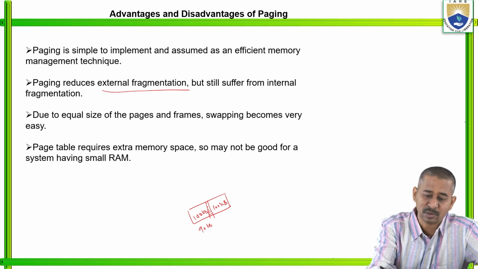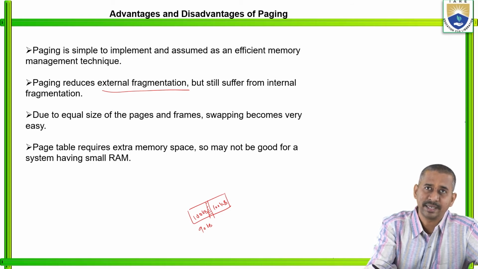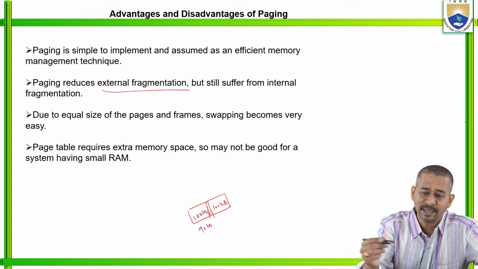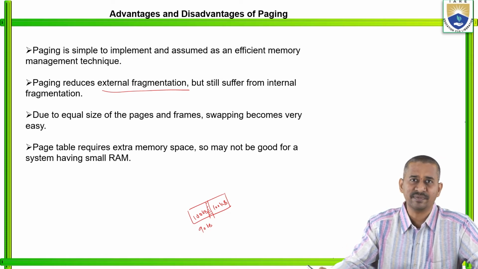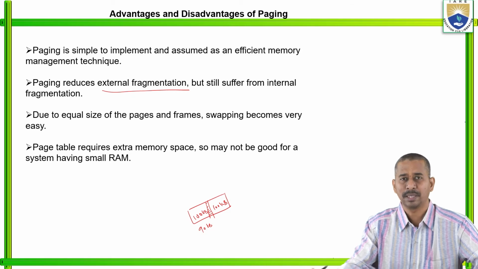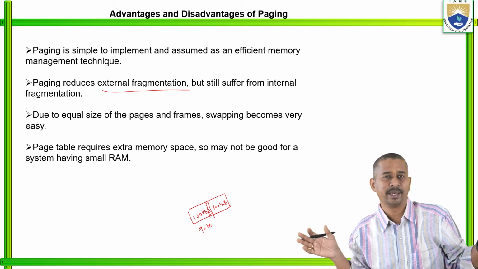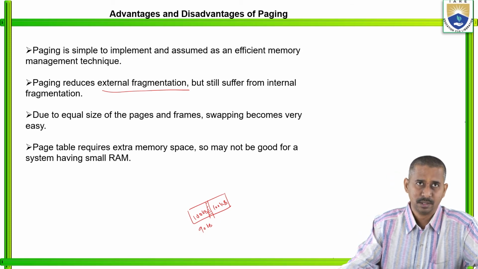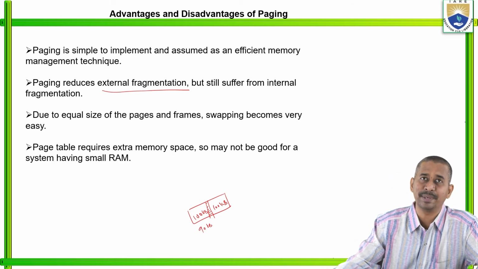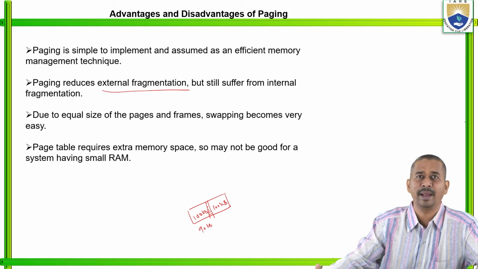That is why we say the paging technique suffers from internal fragmentation. It reduces external fragmentation, right? That means we don't need to store any particular page in a contiguous manner. So paging reduces external fragmentation but still suffers from internal fragmentation.